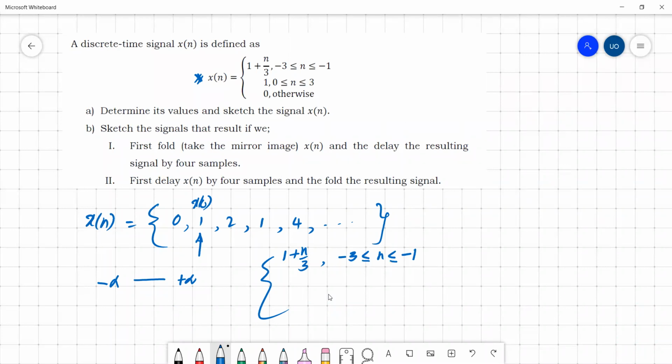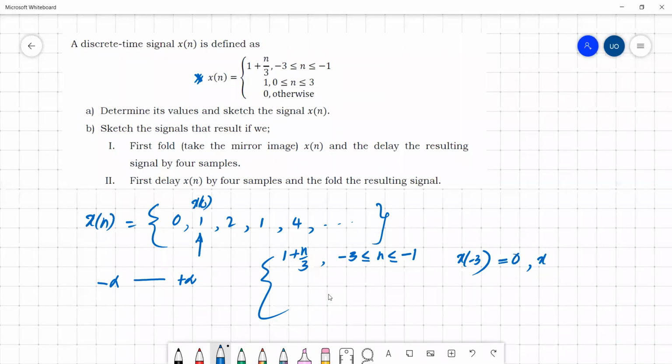If you want to find x minus 3, this is the functional value, so you can substitute minus 3 into n. Then it becomes 0.